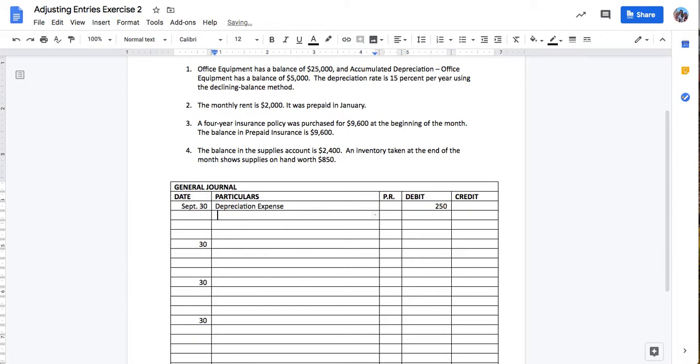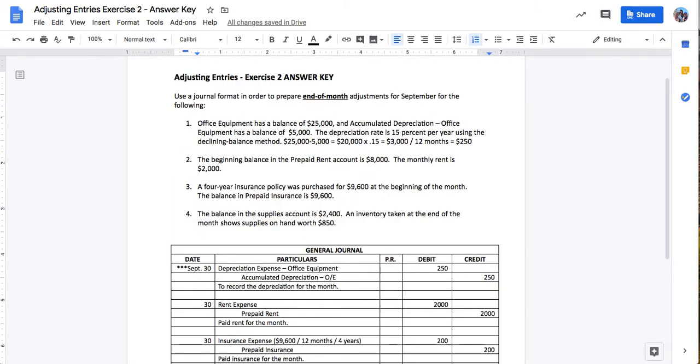And then I am going to have accumulated depreciation for $250, and that is the depreciation for the month of September. And that's it. So if I was doing it for the year, I wouldn't have divided by 12. Otherwise, I'm going to divide by 12 in this case to get $250.